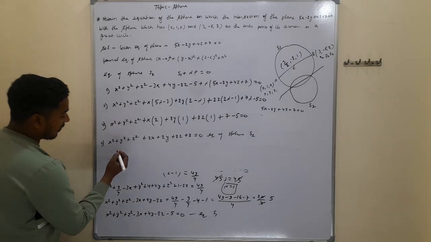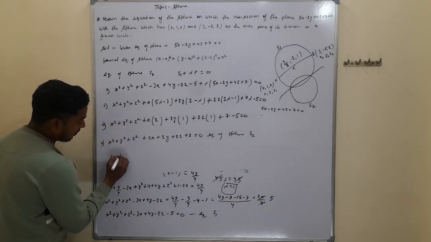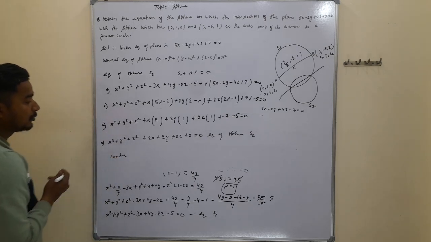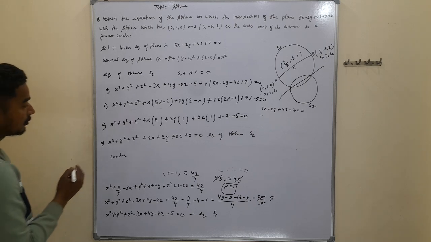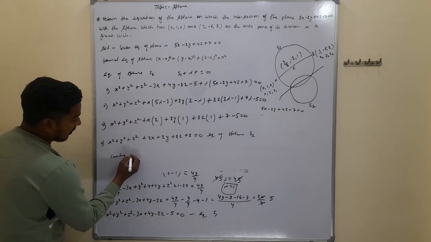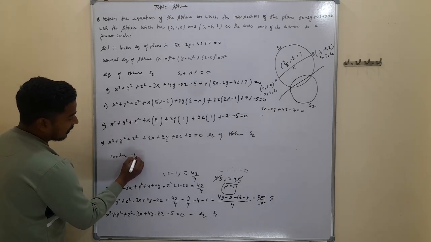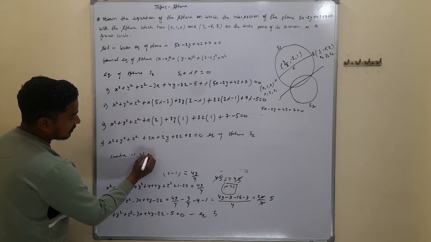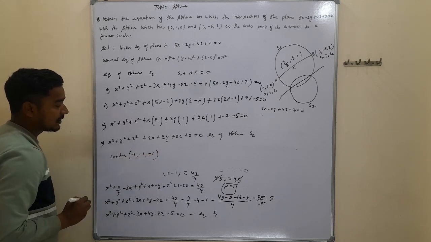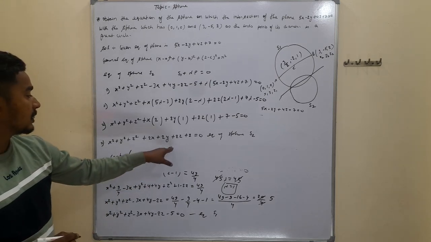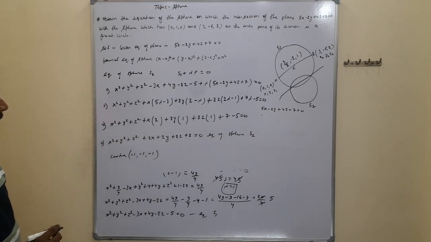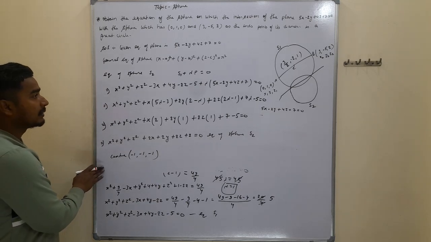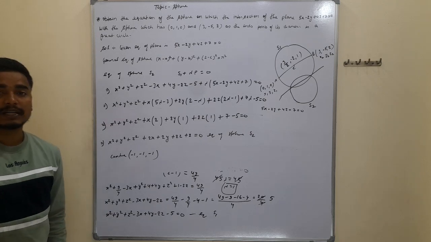The center is given by minus u, minus v, minus w. This is minus 1, minus 1, minus 1. This is the center of the sphere S2, and this is the required solution of the given problem. Thank you class, and thank you for watching.